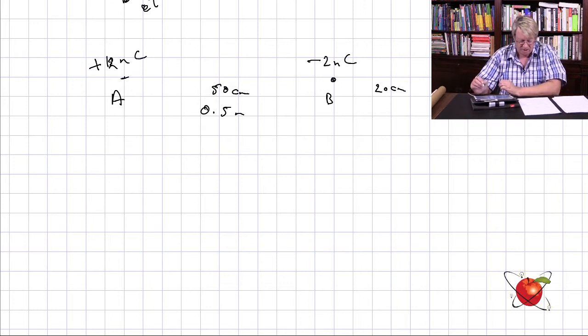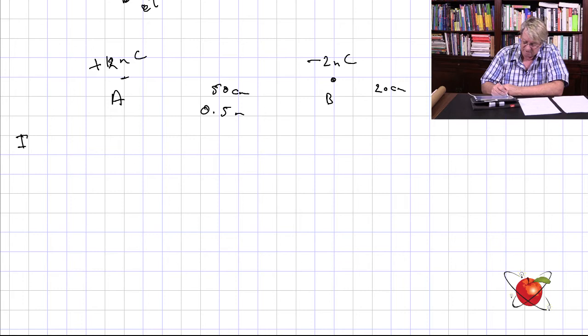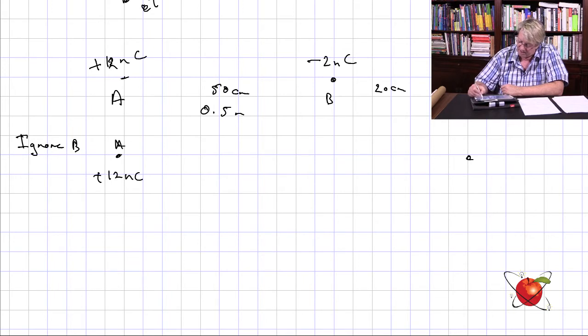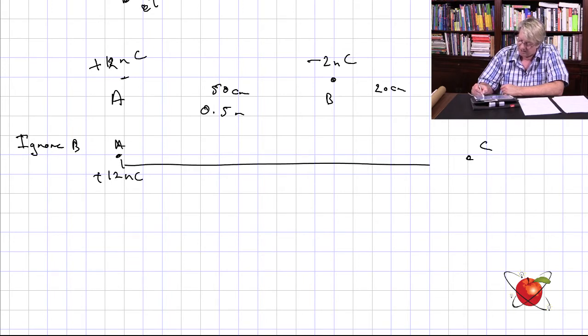They want the field strength at C. First of all, ignore B. In other words, just draw A and C. We say 12 nanocoulombs positive. There's A and there's C, and the distance from A to C is going to be 0.7 meters, correct? Always change it to meters.